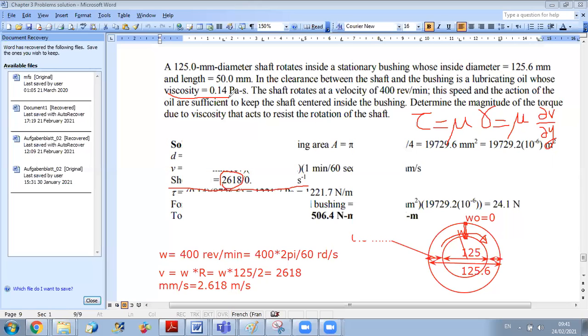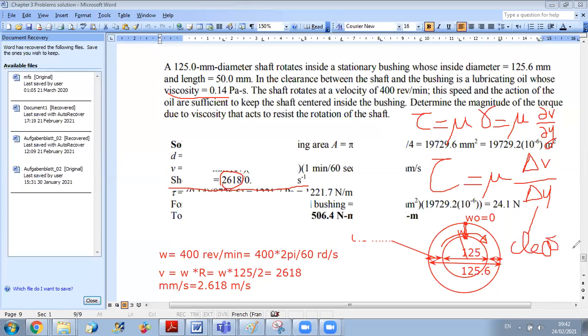So I can consider that the shear stress tau can be calculated as mu times delta v over delta y, and delta y represents the clearance.